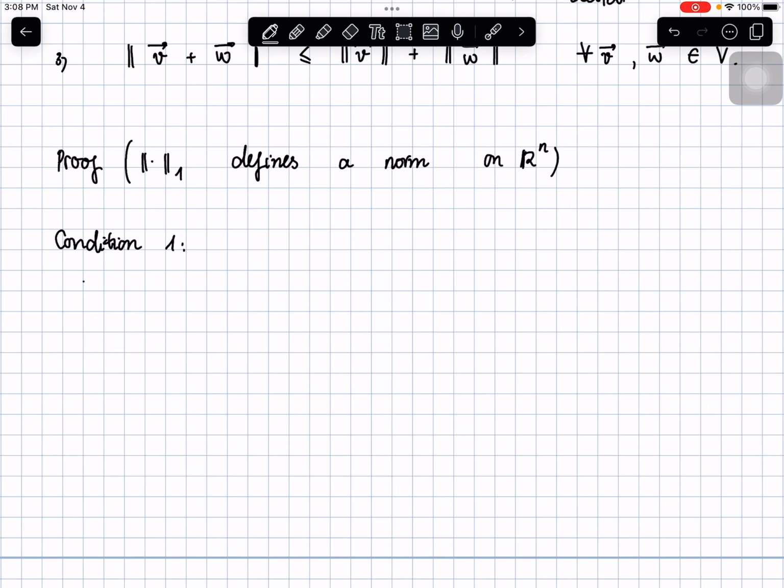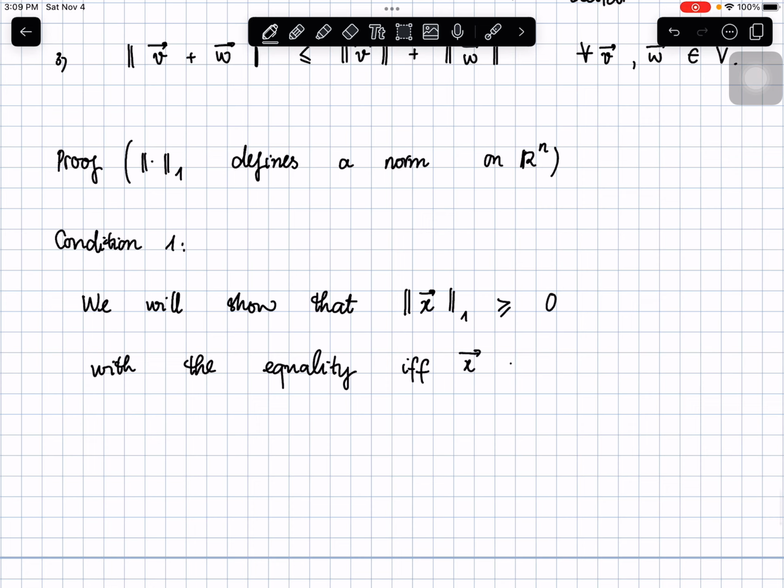We show that, recall, the norm 1 of any vector x in Rn is greater than or equal to 0, with equality if and only if vector x is vector 0 in Rn.